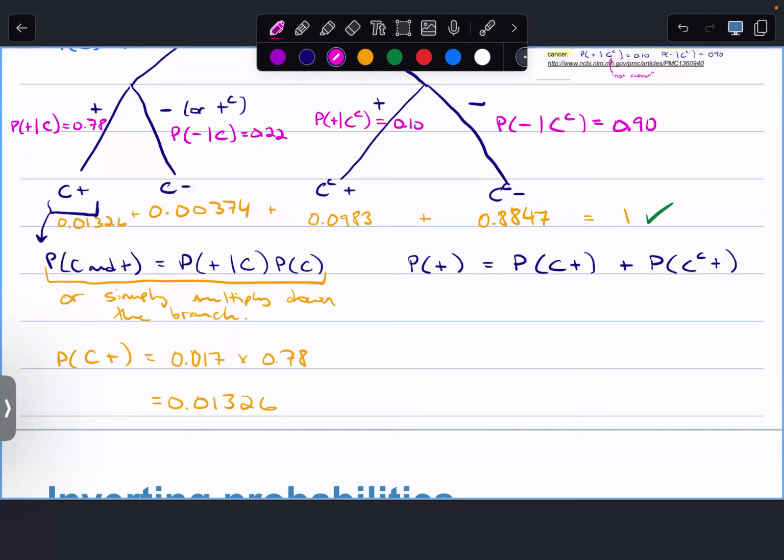Notice that here we're saying or. But we already have all those probabilities at the end of each branch. And so now I have the probability of C and positive is 0.01326. And the probability of not having cancer and testing positive is 0.0983.